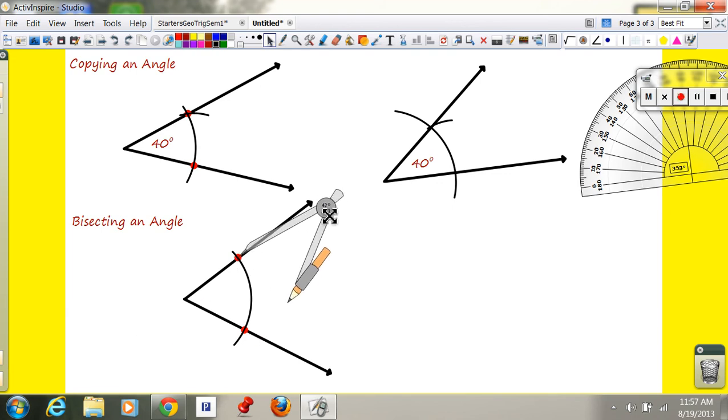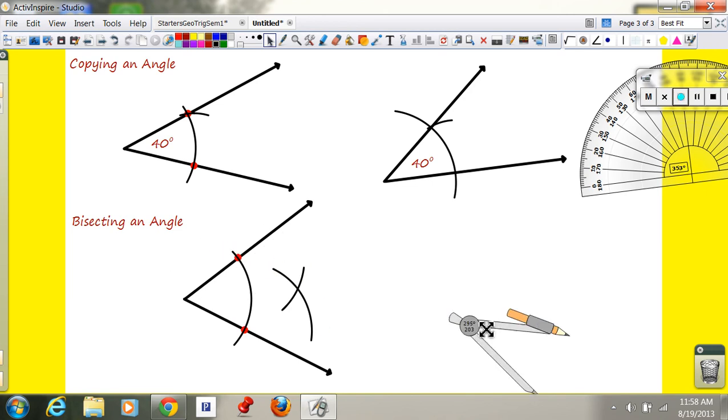Now you're going to use those two dots to make an X in the center of your angle. You can do the same arc from both red dots. The same arc from both of your red dots.